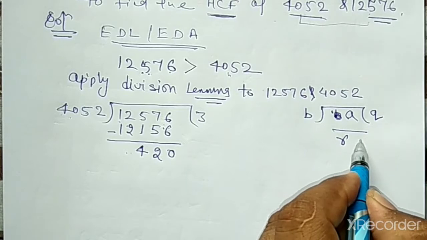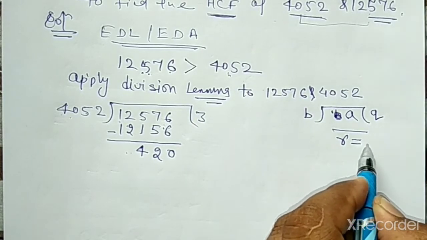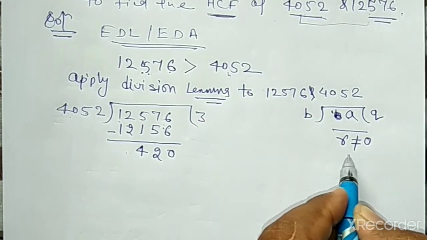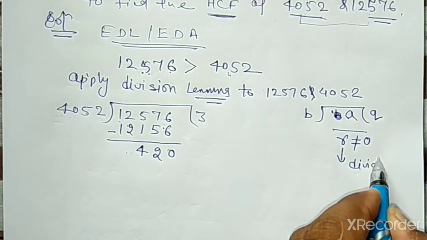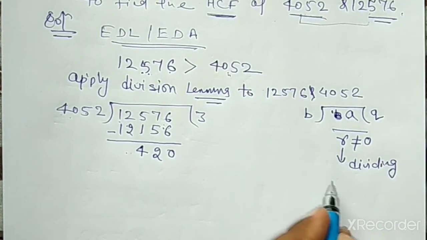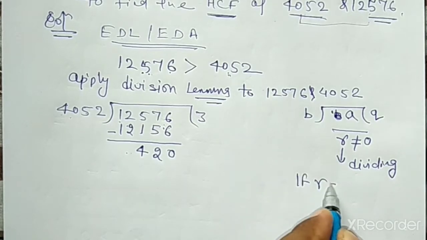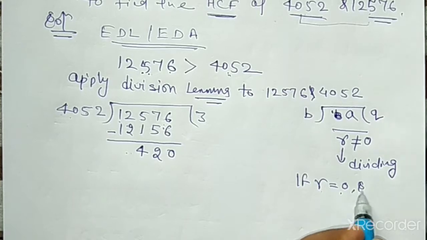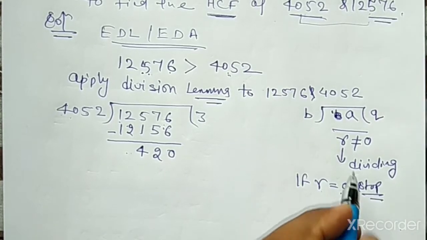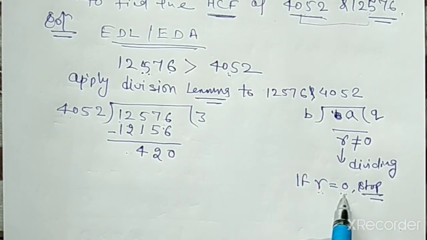If the remainder does not come 0, we keep on dividing. If the remainder comes 0, we stop here, and at that time the last divisor is our HCF.